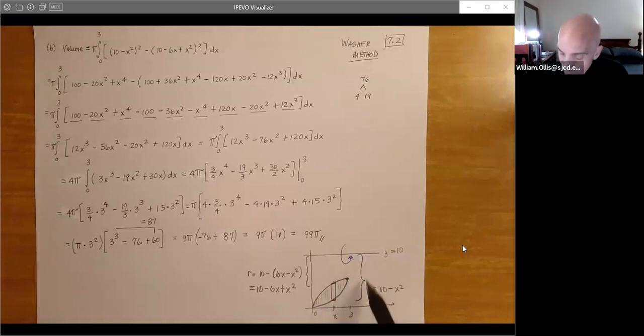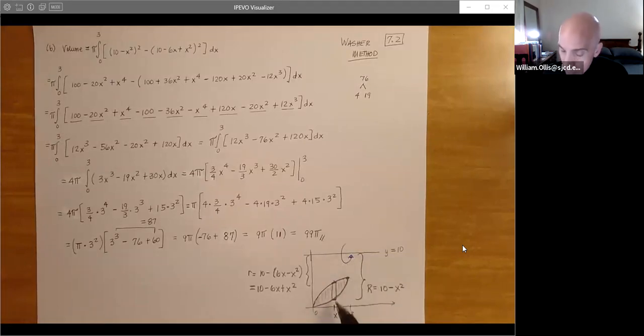So here, the outer radius or the larger radius would just be 10 minus the lower curve, which is the x squared curve. And then the upper curve will help us to form the smaller radius or inner radius, which will be 10 minus 6x minus x squared, of course, distributing the negative sign to get this expression for r.